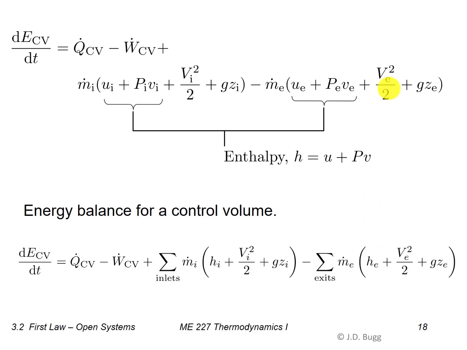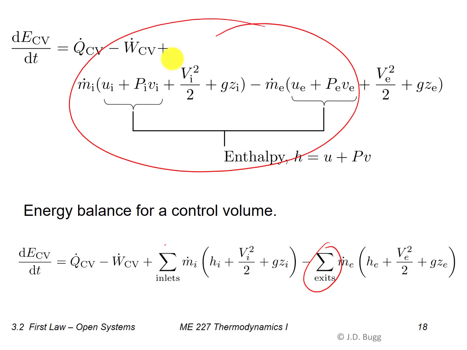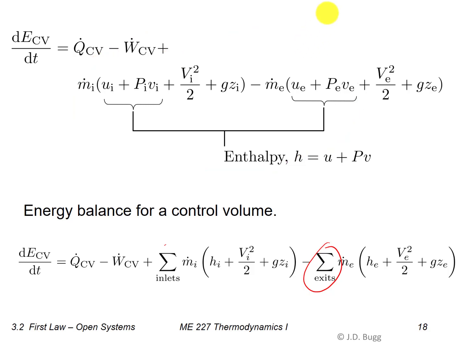Now I should point out one other thing that has happened here. You'll notice these summation signs have suddenly popped into the picture. Well, our entire development of this equation was based on us looking at that relatively simple system that we started off with that happened to have one inlet and one exit. Well, there's nothing saying that our open system needs to be restricted to only one inlet and one exit.